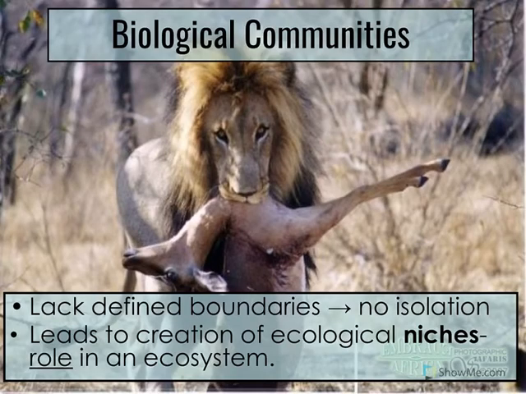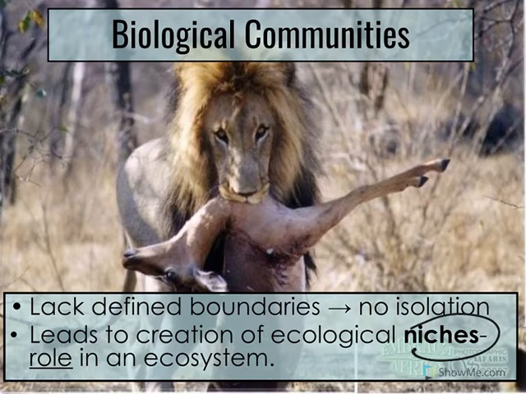So taking a look at biological communities, we see that these communities often lack boundaries, and this is because organisms tend to overlap into various areas, and because there is no defined boundary, this leads to organisms having specialized roles in their system, which are called niches.